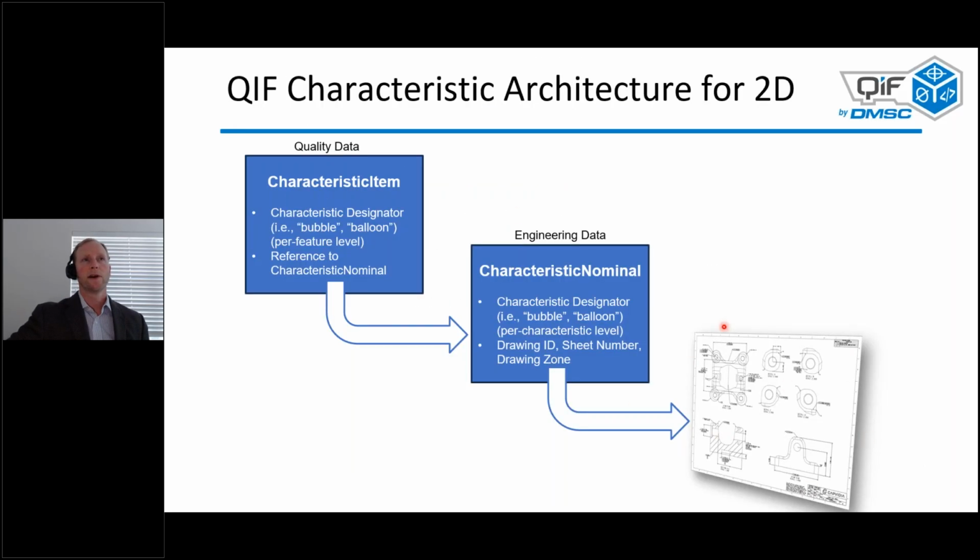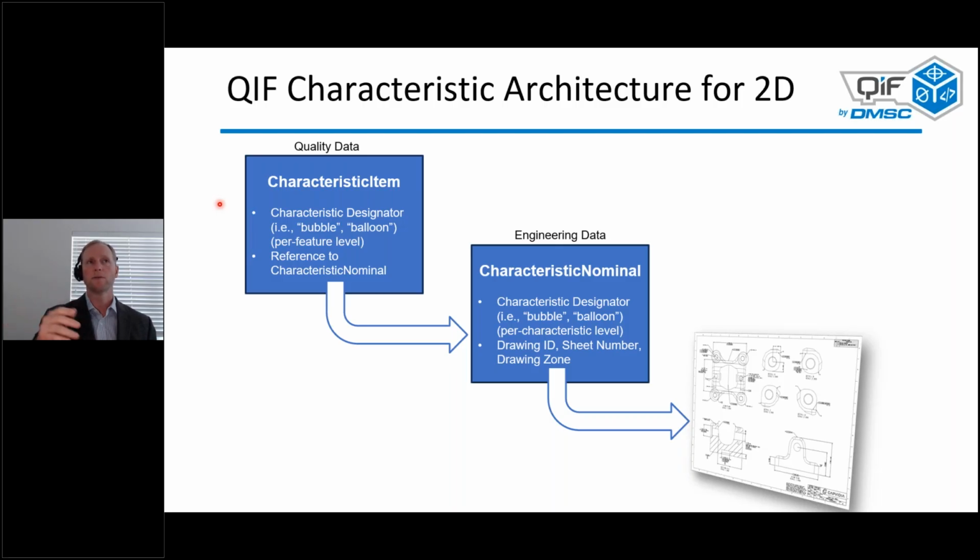So here's an overview of the architecture that we're looking at, when we're talking about a balloon drawing, in terms of what it would look like in QIF. At the top, we have the characteristic item, and this would be a balloon that is applied to a certain feature. So if this is a 3x diameter, a diameter applied to 3 holes, then there would be 3 characteristic items.